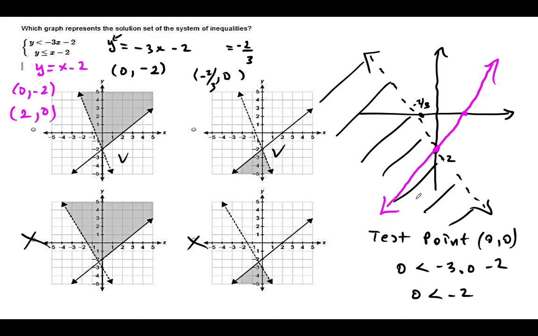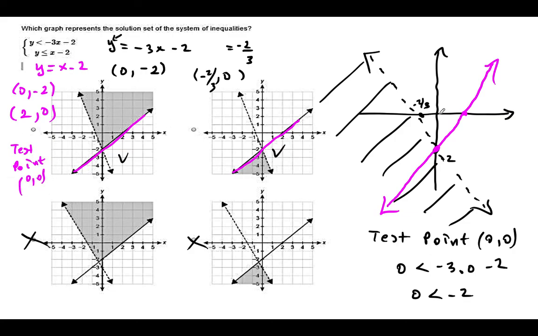Now I have to decide, where is the solution? It's on the left or on the right. To do this, I can take a test point. What is the test point? 0, 0 again.